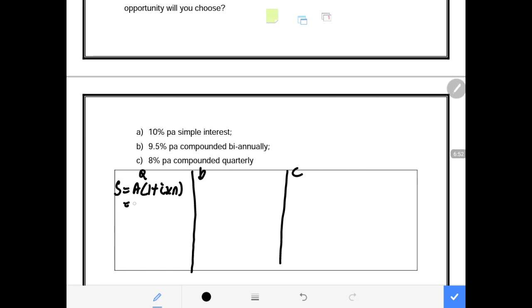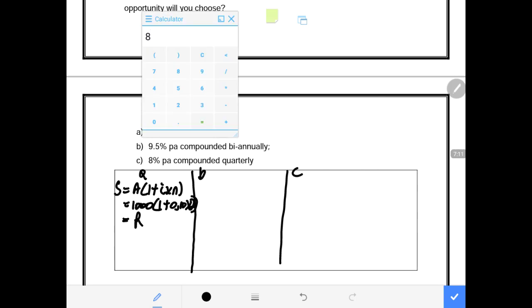So our amount invested is 1,000, times 1 plus our i, which is 0.10, times n, where n is 2. That means the amount at the end of the period of 2 years will be 1,000, open brackets, 1 plus 0.10 times 2, close brackets.